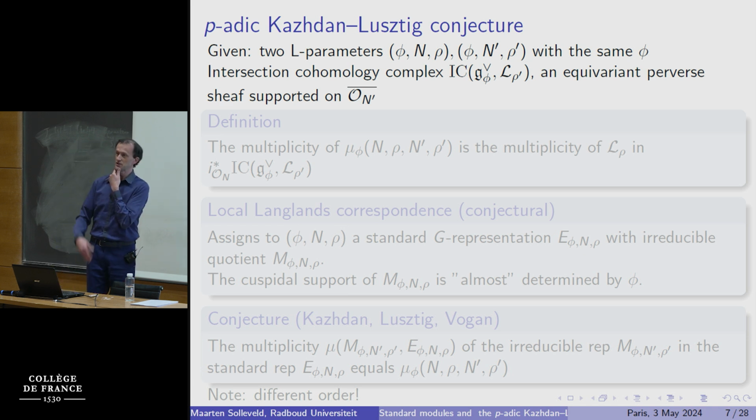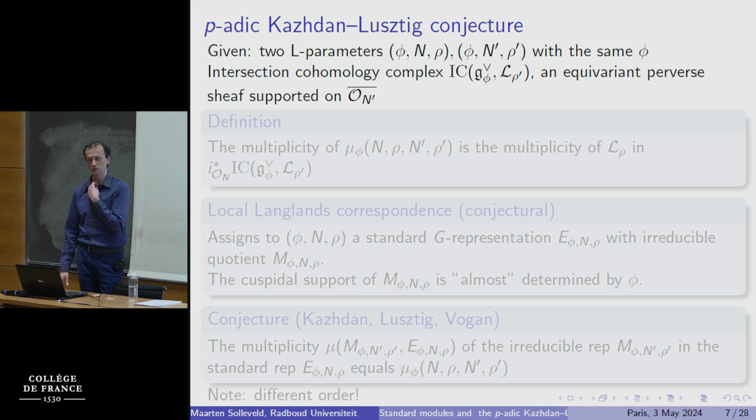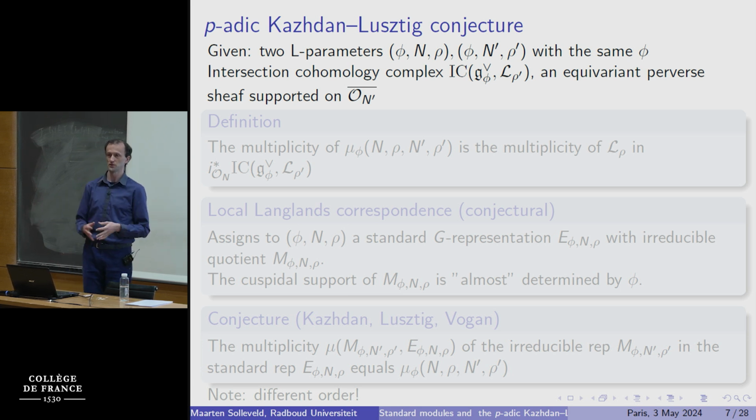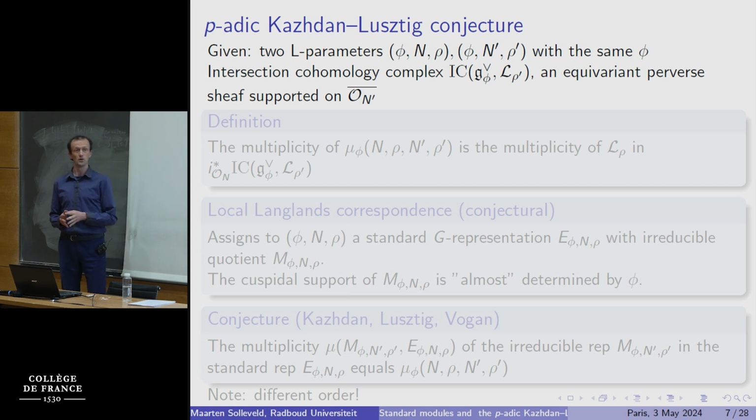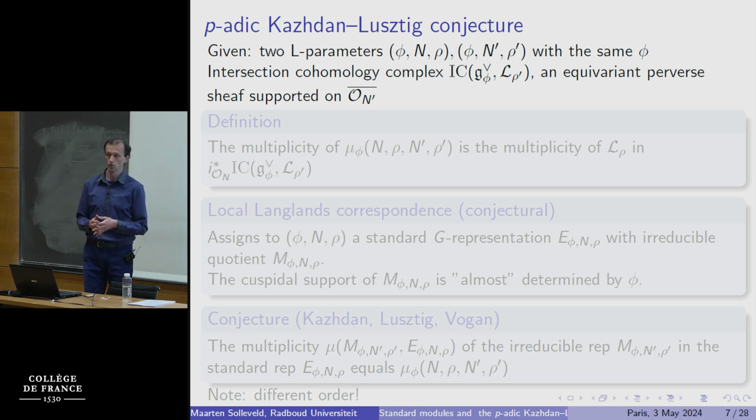And then from that you need to cook up some multiplicity, and there is really where you do something geometric. From these two enhanced Langlands parameters, you build two local systems on nilpotent varieties, and both you promote to intersection cohomology complexes. Those will be perverse sheaves living not on this one orbit, but on the closure of an orbit.